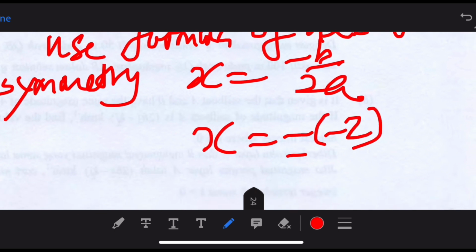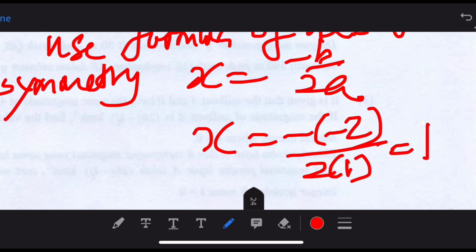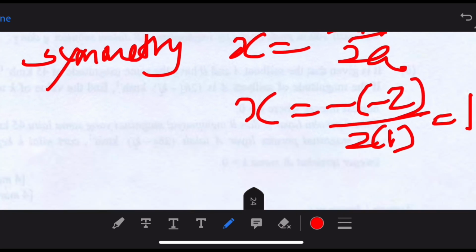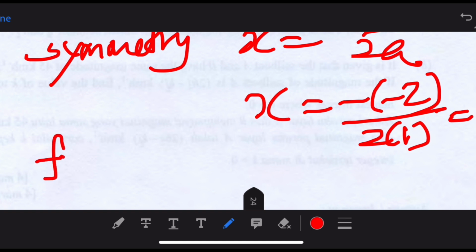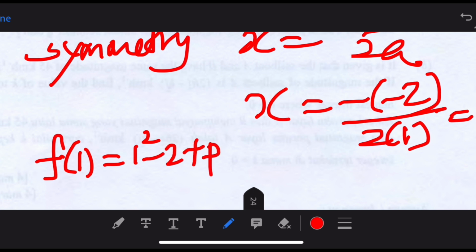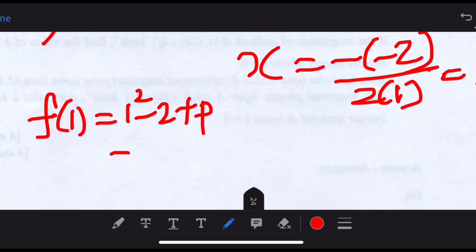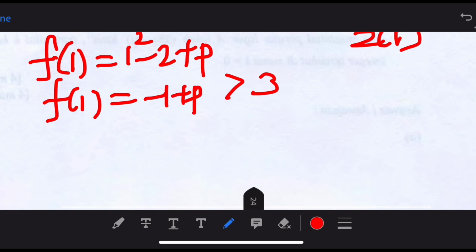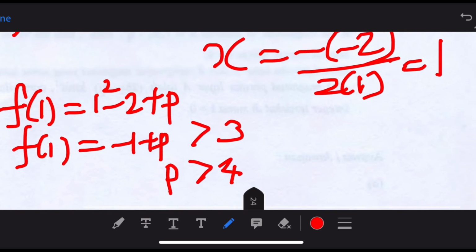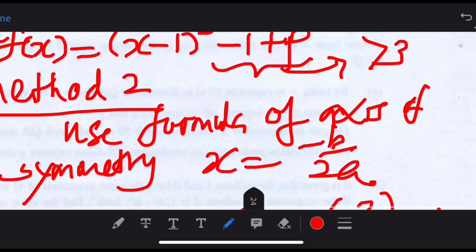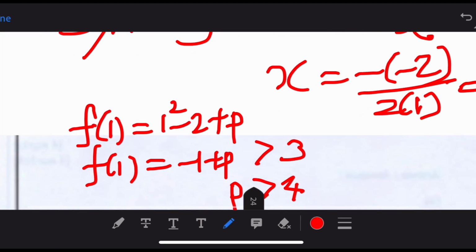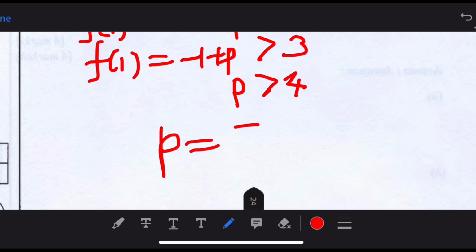This way is very fast. b is negative 2, so x is 2 over 2 times 1, which is 1. We substitute 1 into the function and get negative 1 plus p. This value is more than 3, that means p will be more than 4. So the smallest value of p should be 5. The answer should be p equals 5, the smallest value of p.